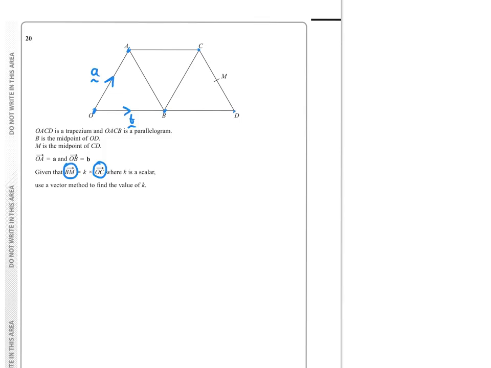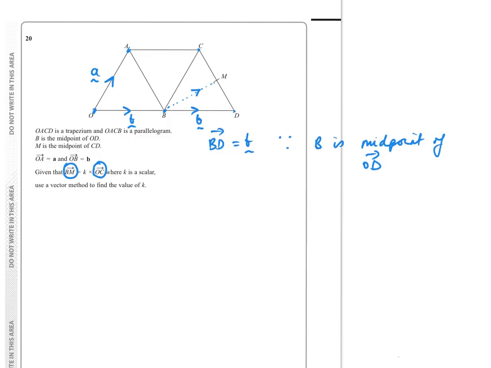That's basically it. So we know that B to D is also b, because we know also that OB is the midpoint. So because B is the midpoint of OD, if we want to go and find B to M, well, how are we going to try and work that out?